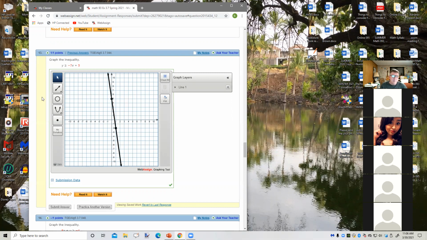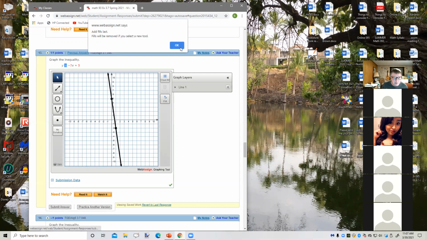But now, because it's in slope-intercept form, I don't have to use a test point. I can look at the inequality. It has to be solved for y, though. This says y is greater than or equal to. Well, greater than would be above the line, and over here, this is below the line.